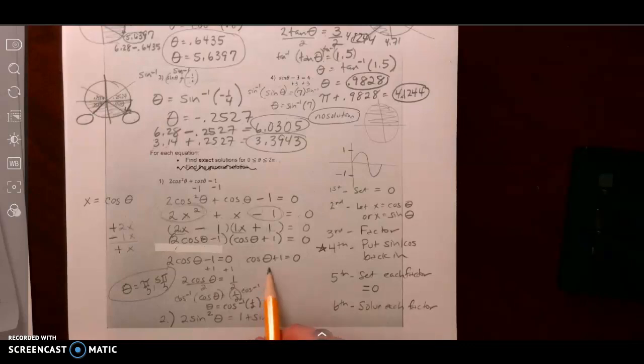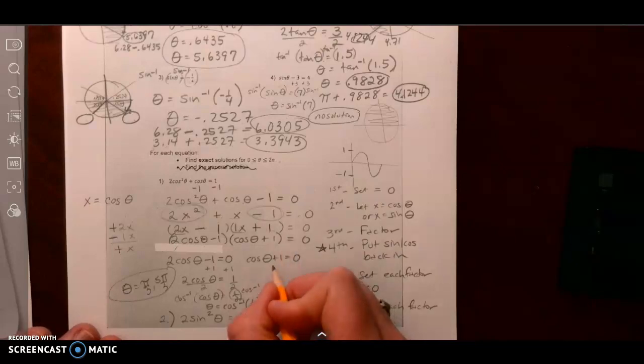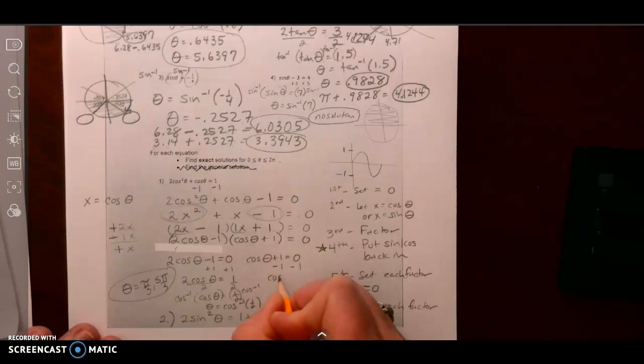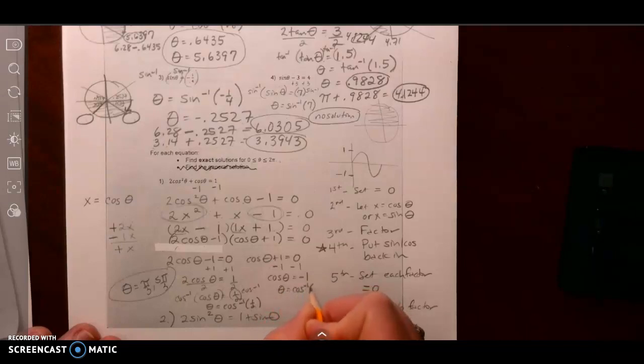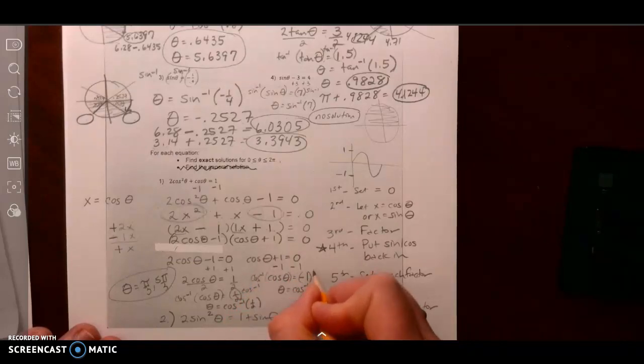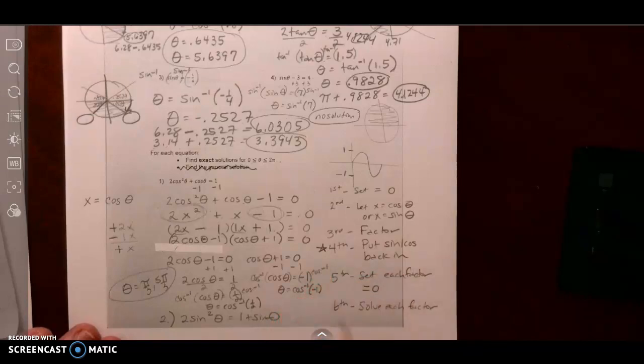Now I have to come to this factor, and I need to solve. Subtract 1, cosine of theta equals -1. Theta equals the inverse cosine of -1. And remember, since I took the inverse, I need to give all possible solutions.